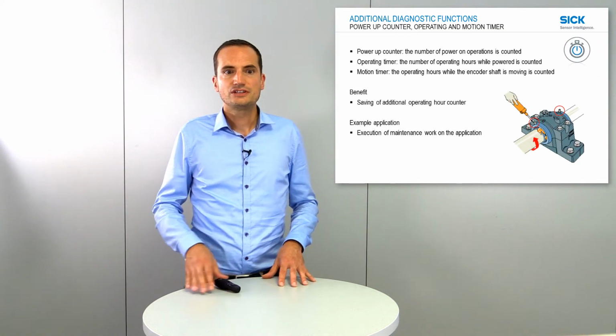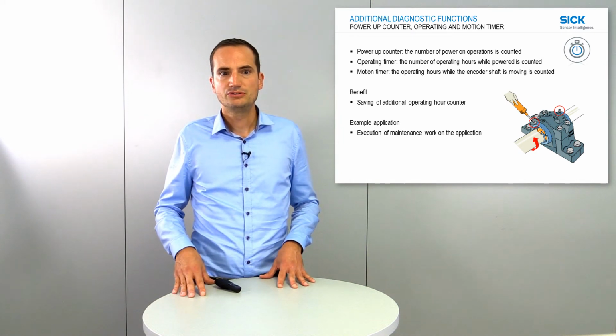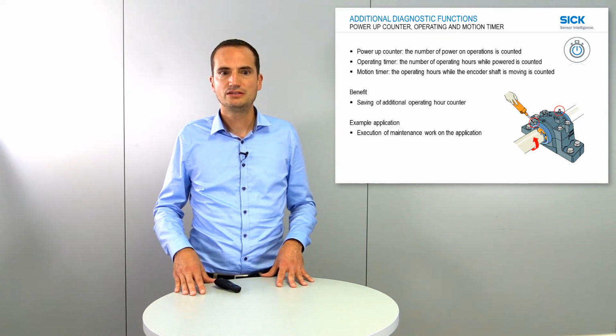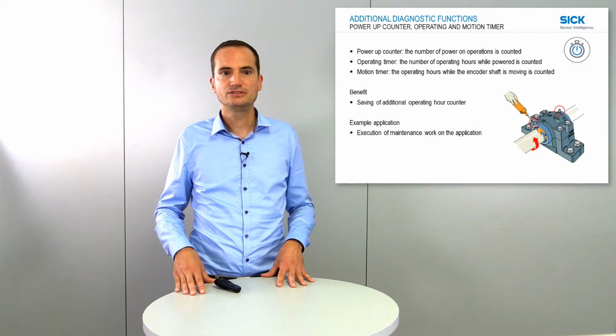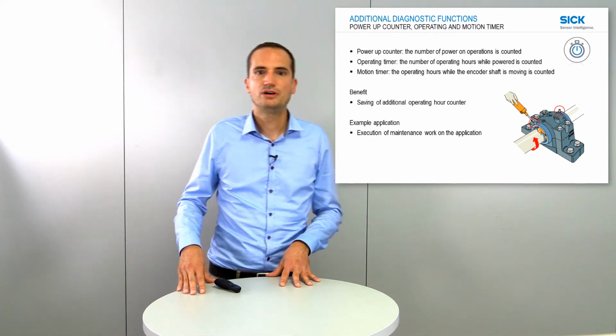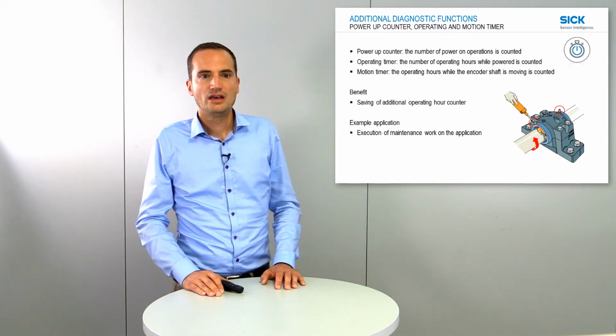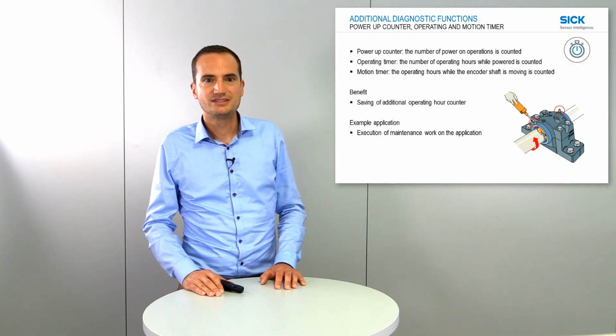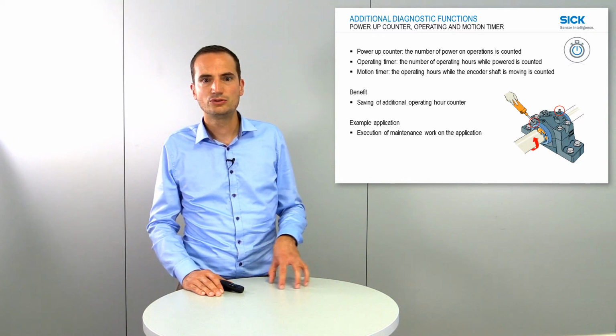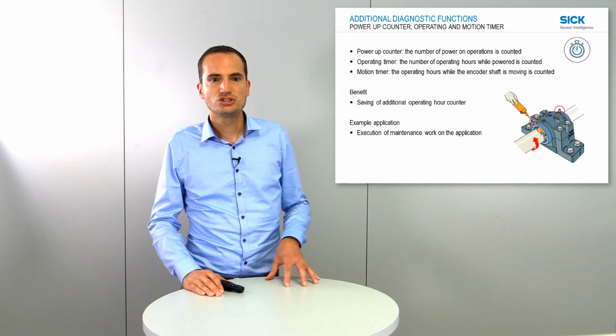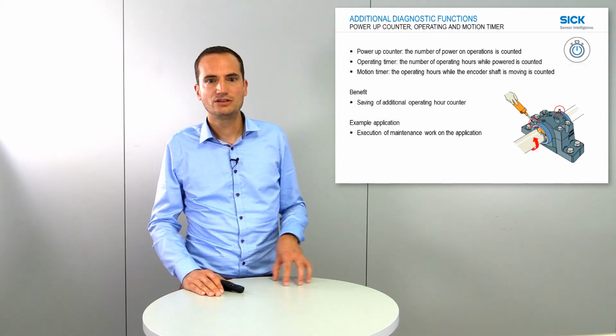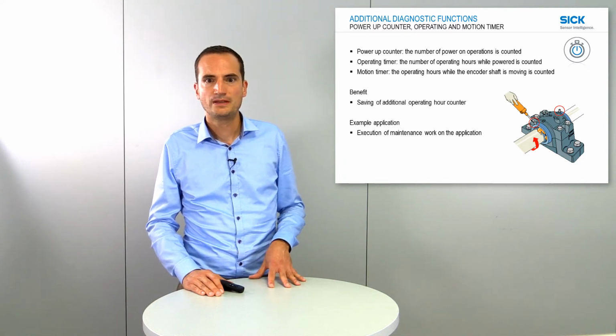Another diagnostic function is the power up counter and the operating and motion timer. The power up counter counts the number of power on operations. The operating timer counts the time while the encoder is powered, and the motion timer counts the time while the encoder shaft is moving.